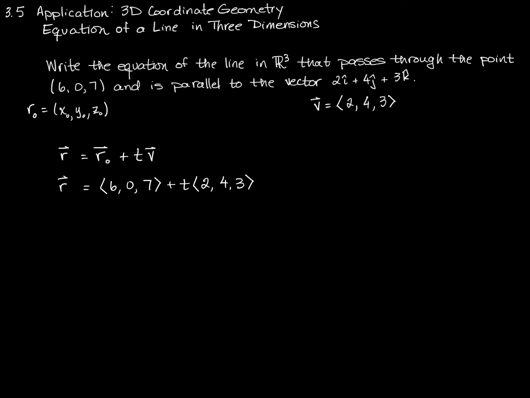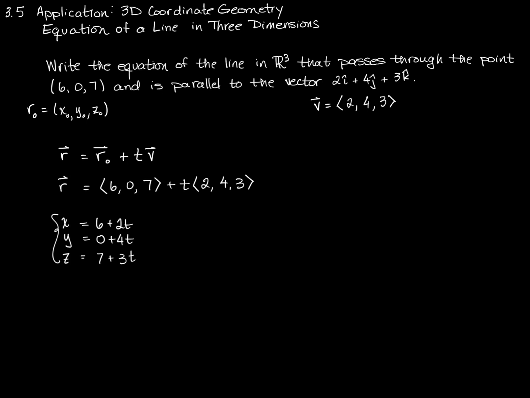The thing is, it's not quite it, because there are other ways we could write this line. We could say, for example, x equals 6 plus 2t, y equals 0 plus 4t, and z equals 7 plus 3t. This is also a way to write this line in 3-space.